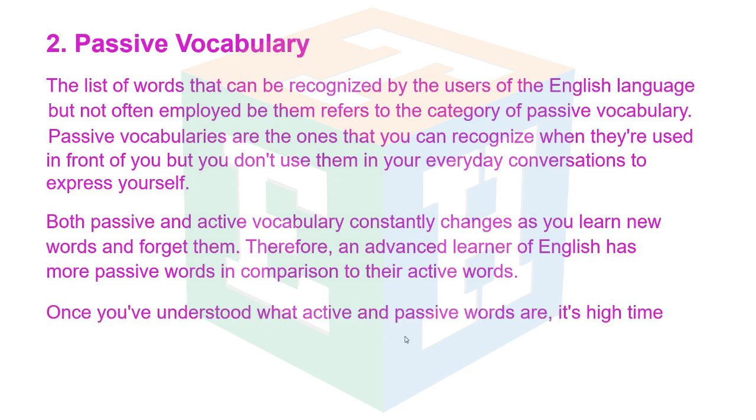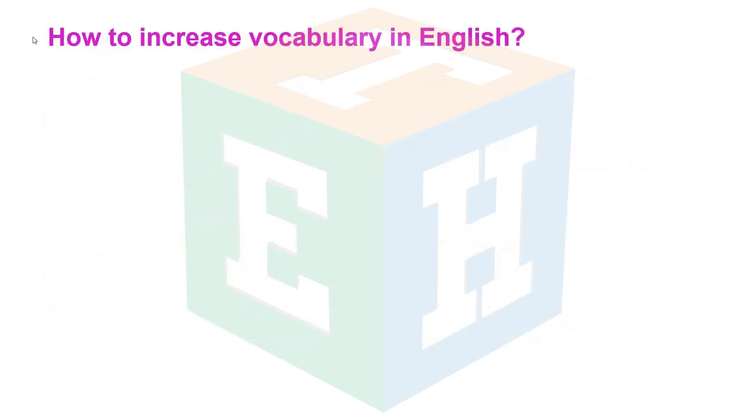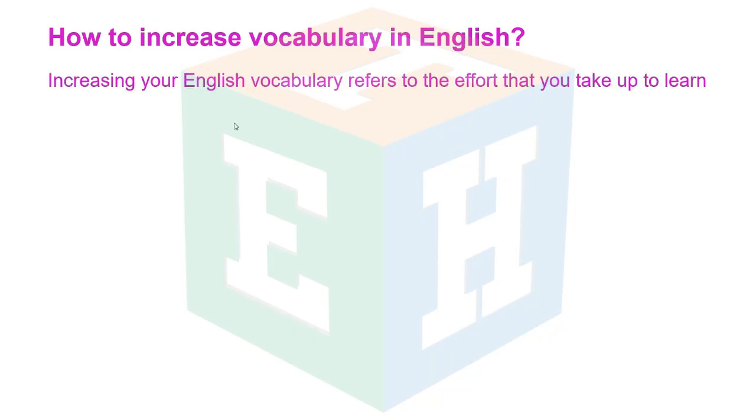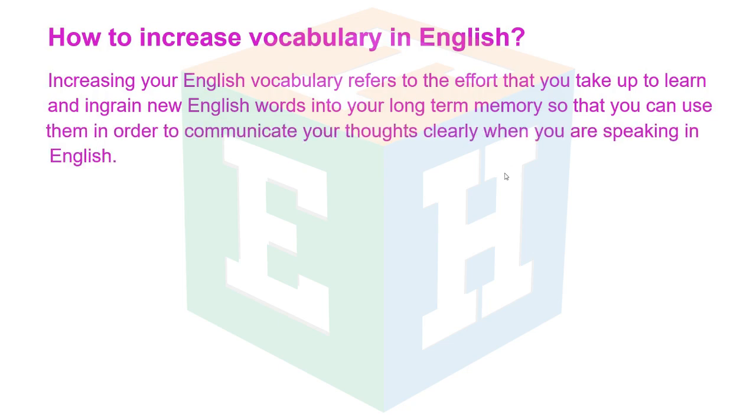Once you've understood what active and passive words are, it's high time that you find the answer to the question, how to increase vocabulary in English? Increasing your English vocabulary refers to the effort that you take up to learn and ingrain new English words into your long-term memory so that you can use them to communicate your thoughts clearly when you are speaking in English.